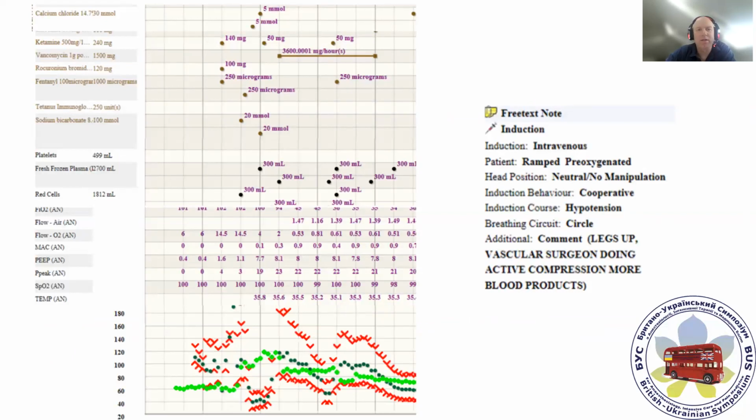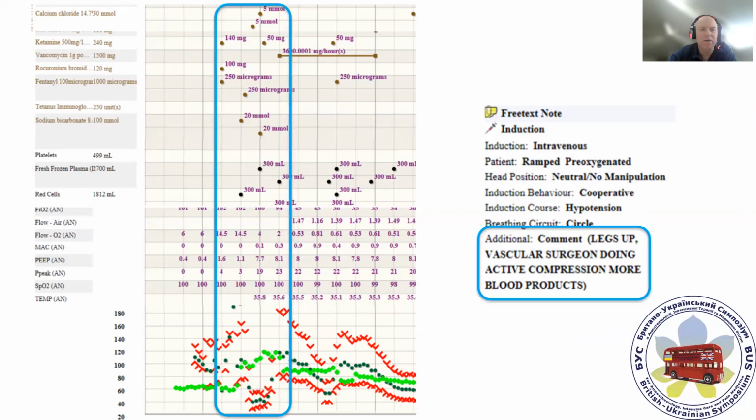If you don't titrate to the patient's physiology or to their potential physiology after induction, you get a situation such as recorded here after induction. This person had what looks like a 3-2-1 induction, quite a large dose of fentanyl, a reasonable dose of ketamine, assuming the patient's about 70 kilos, and then rocuronium, they've just given the whole syringe.